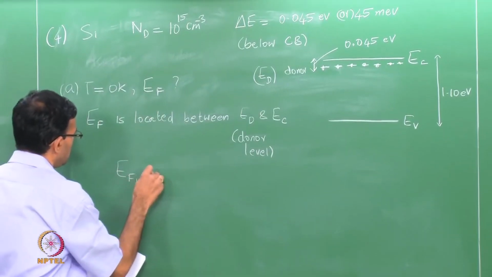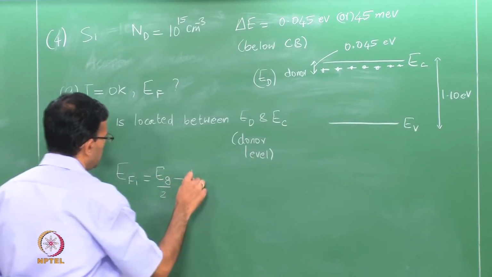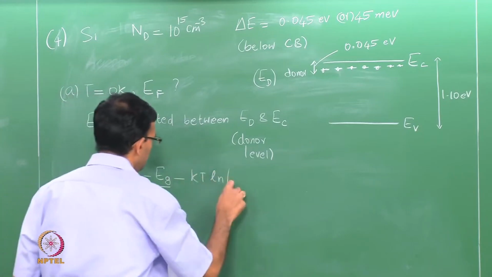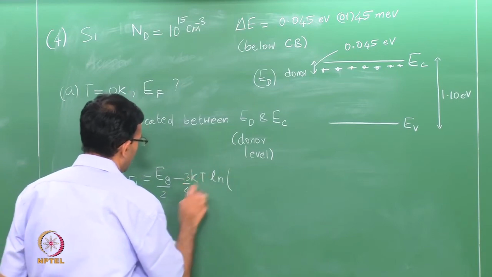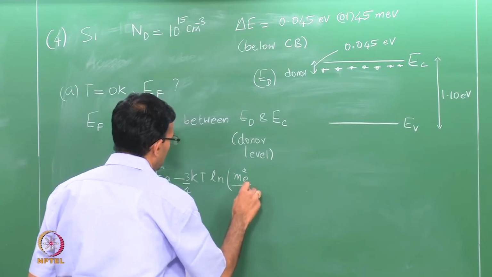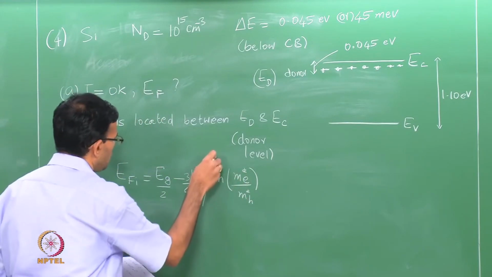So, if you use this expression, EFi is Eg over 2 minus 3/4 kT ln Me star over Mh star. Temperature is 0 Kelvin. So, this term goes to 0.